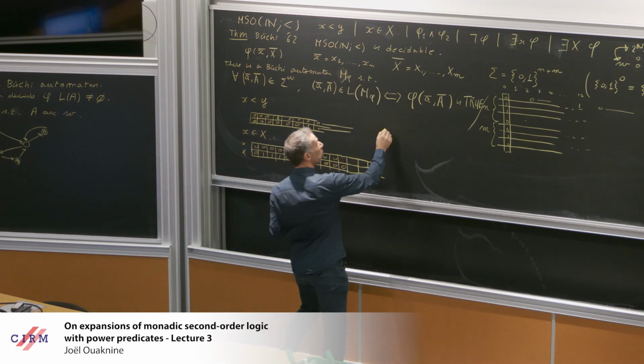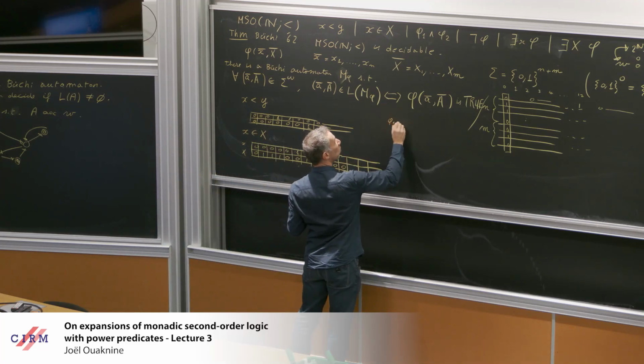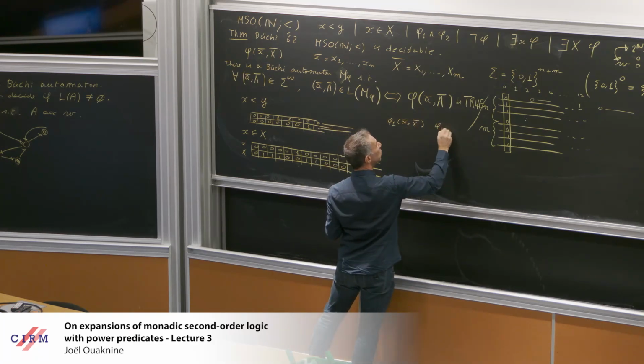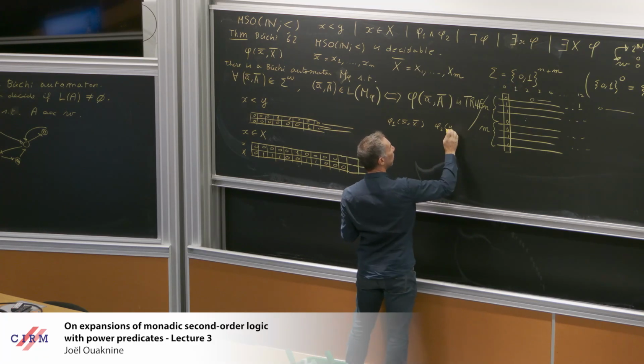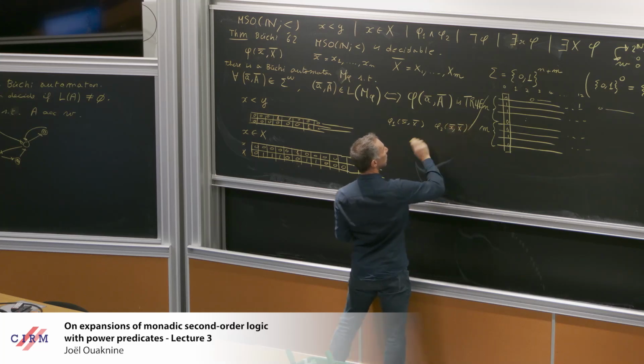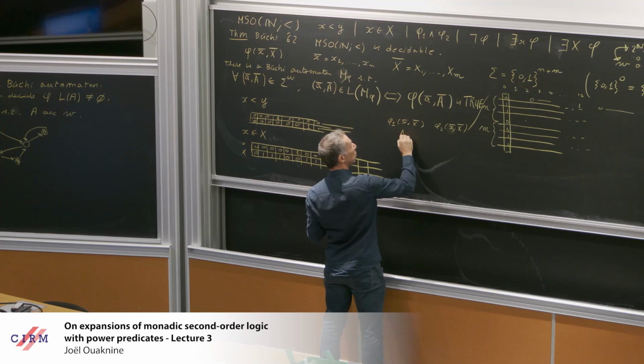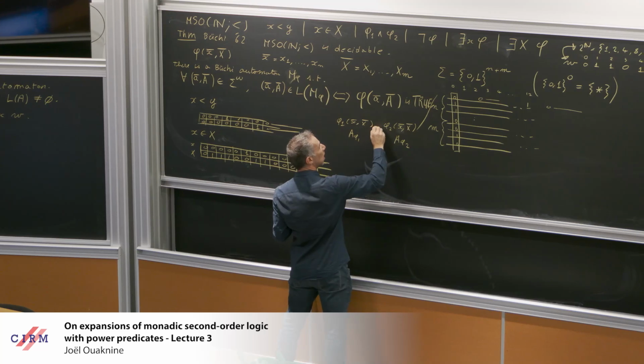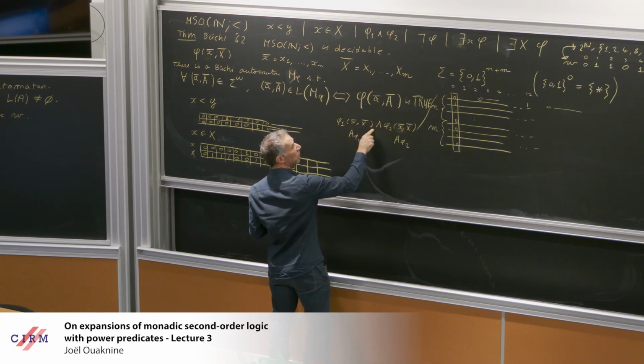Now I need to show how, suppose I've got phi 1 of x bar and phi 2 of x bar, with the same variables. Here I've got an automaton by induction: an automaton A phi 1, and an automaton A phi 2, and I want to build one for the conjunction.